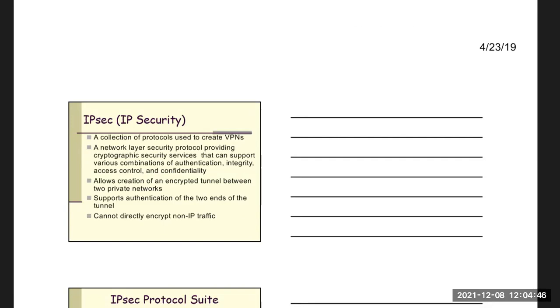And also, it provides security for routers sending routing data across the public internet.